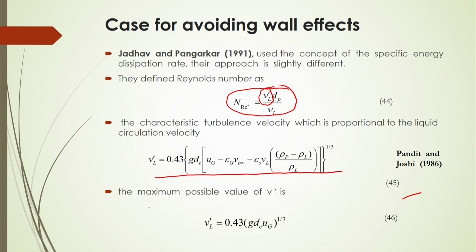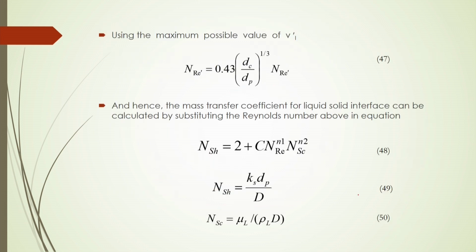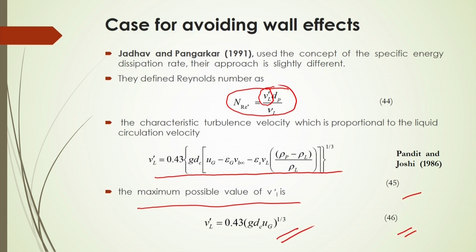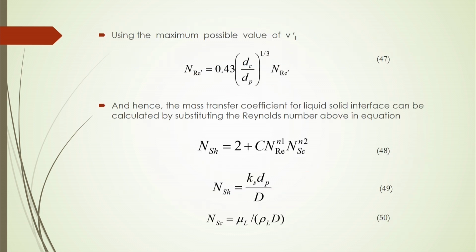And in this case, the maximum possible value of the liquid circulation velocity is equal to V L dashed, which is given in equation number 46. So, once you know the maximum possible value of the circulating velocity of liquid, you can get the modified Reynolds number.